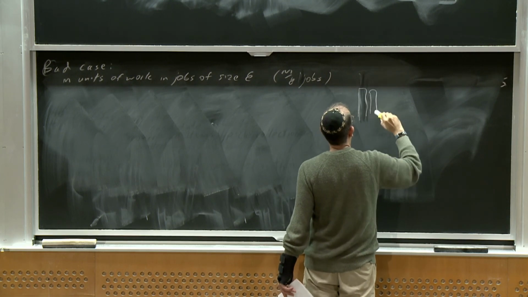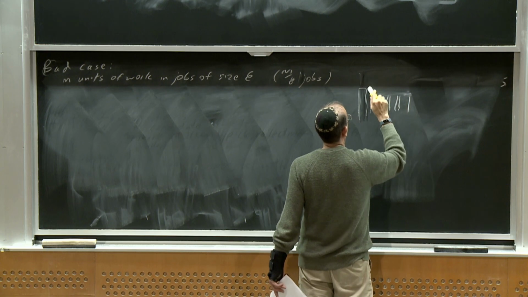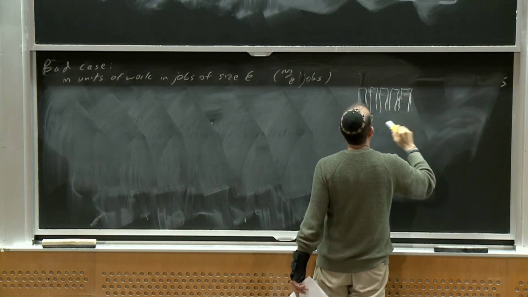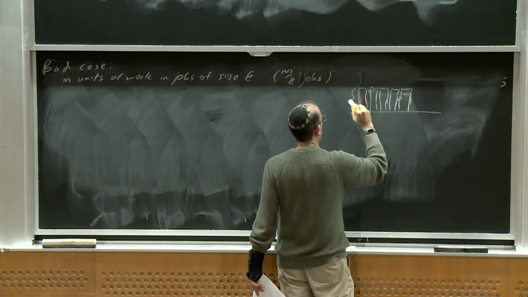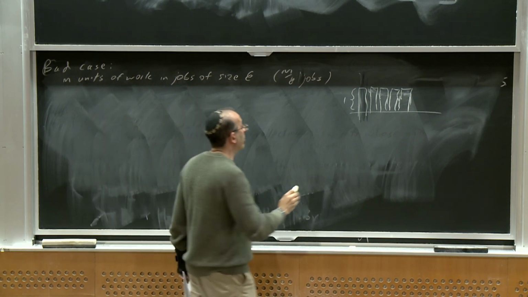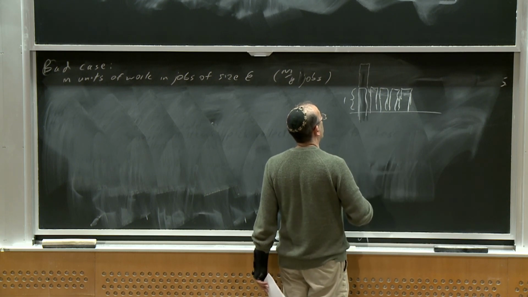You're going to put exactly 1 unit of work onto each of those machines. Sorry, my drawing is terrible. And you're going to finish up with 1 unit of work on each machine. Then, in your final step, you give it a job of size 1.